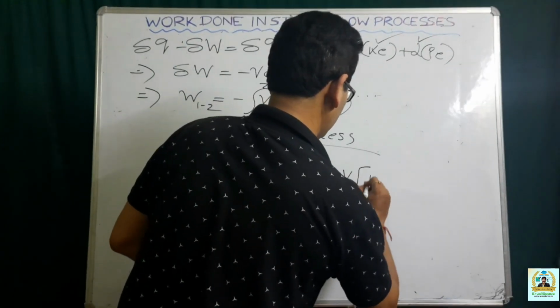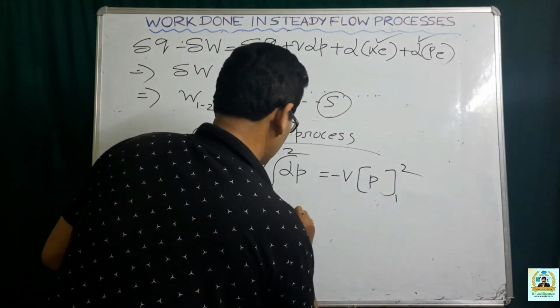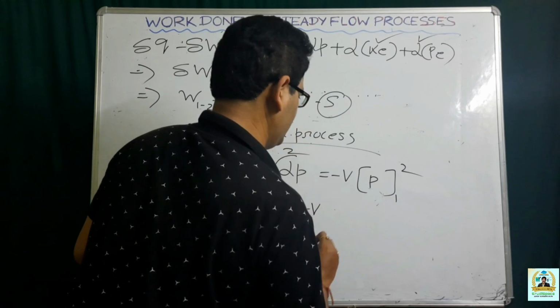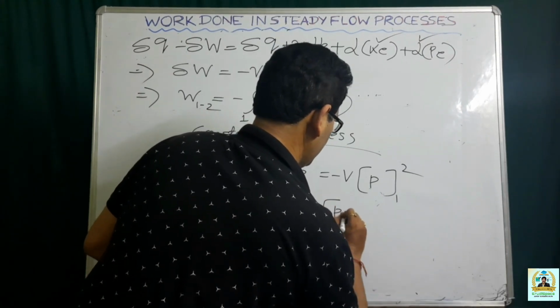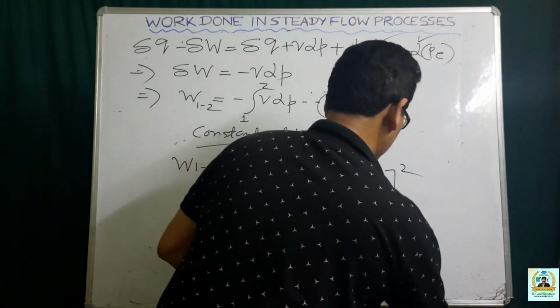Minus V integration of dP from 1 to 2. So this is equal to minus V into P2 minus P1.